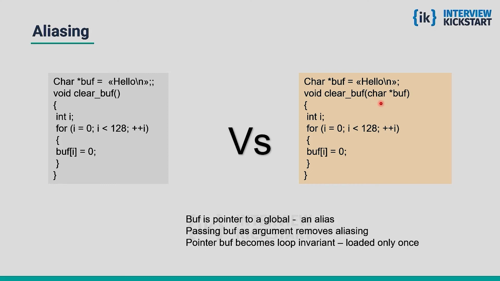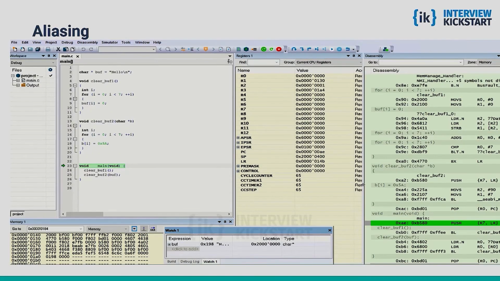Now, global variables can be useful when passing information between sections of the code that don't share a caller-callee relation. Otherwise, don't use the global variable. Use a call with a pointer as an argument. Here is an example where there are two ways in which the function for clearing a buffer is called. Here is main, which calls clear buffer 1 followed by clear buffer 2.